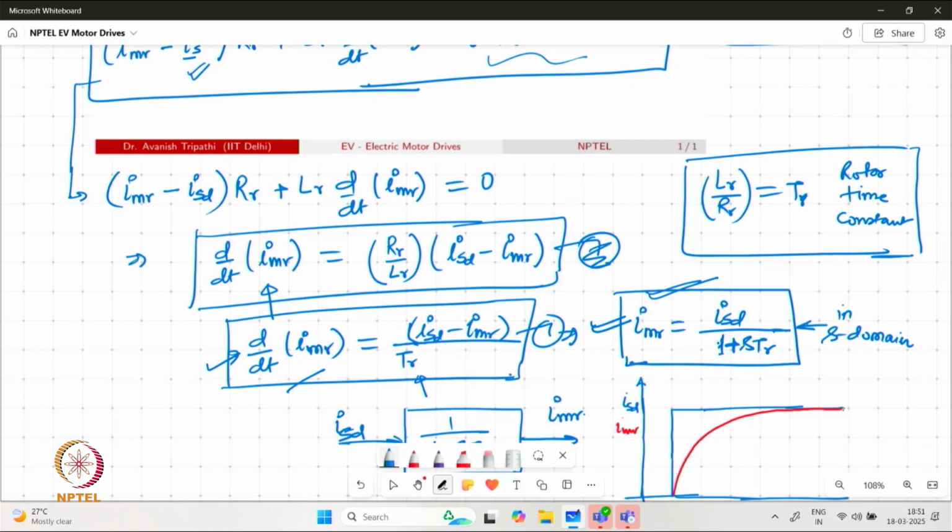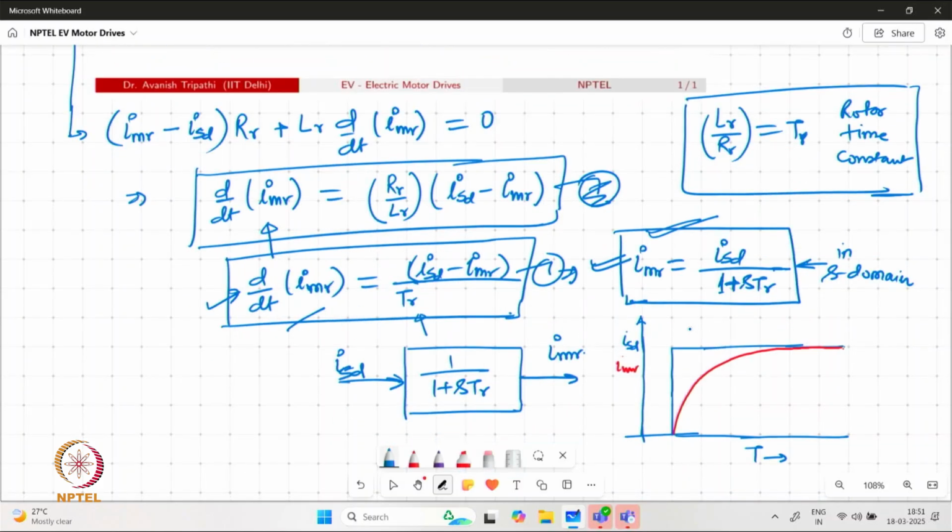So essentially it suggests that IMR is basically generated out of ISD as if there is a low pass filter connected after ISD. So this is the flux model for the machine.